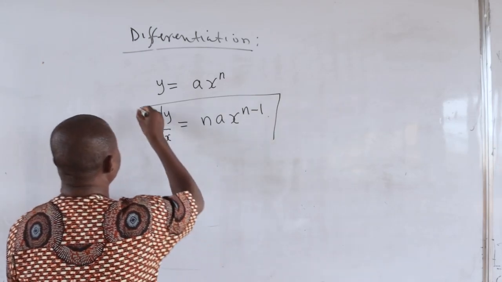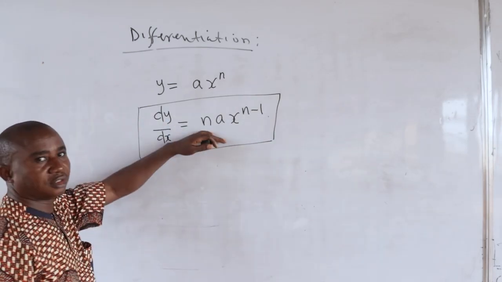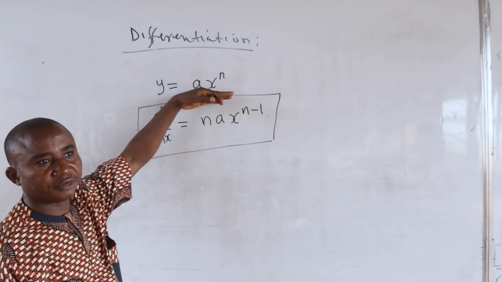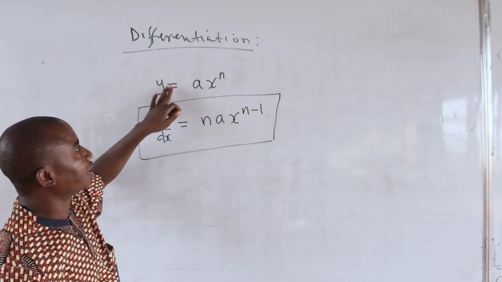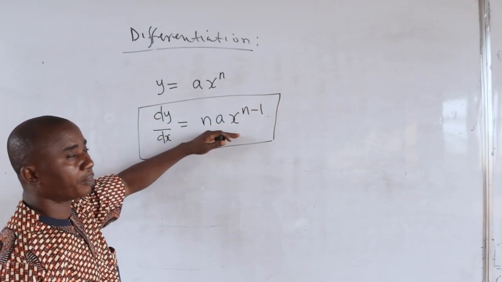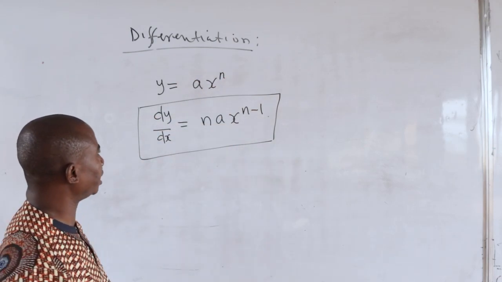Please bear this formula at the back of your mind. It is helpful. Instead of deriving from first principles, anytime you find a function that is of this form, you apply this formula and then you get the derivative.